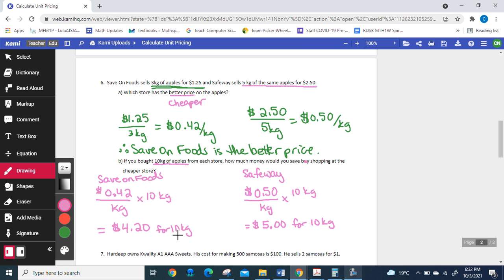So how much money would we save? Our savings would be equal to our $5 minus our $4.20. We want to find the difference, so we subtract those, which gives us a savings of 80 cents. Therefore, you save 80 cents.